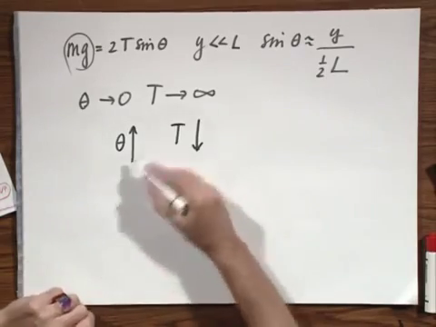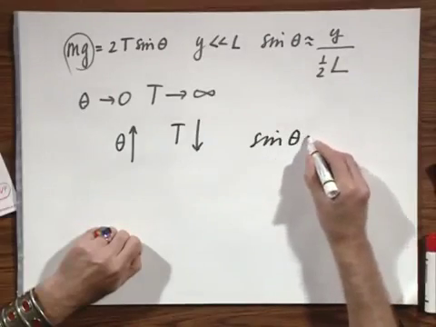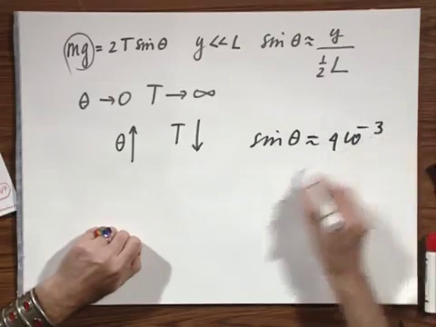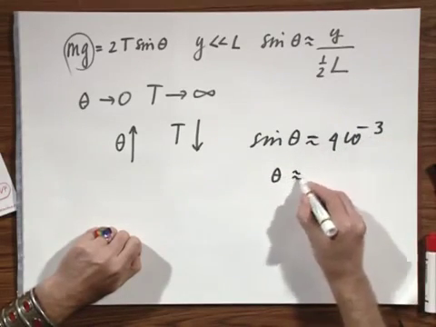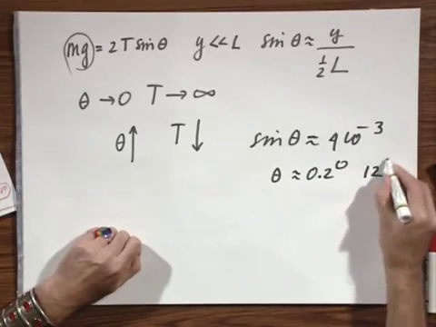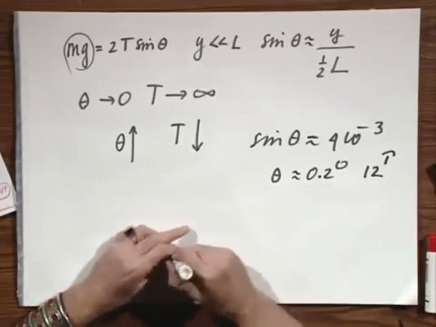and that is also quite intuitive. And then you have a specific example that the book wants you to work out, gives you a certain value of L, of Y, gives you a value of sine theta, which I found to be approximately 4 times 10 to the minus 3, which gives you a theta of about 0.2 degrees, about 12 arc minutes, and that then leads to a certain value of the tension, applying that equation.